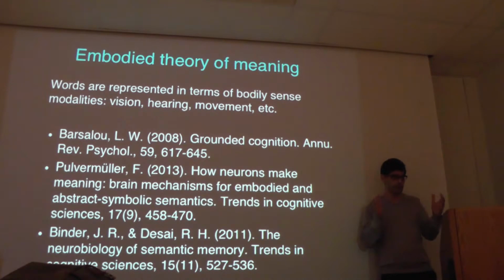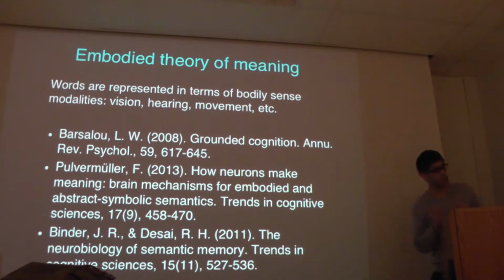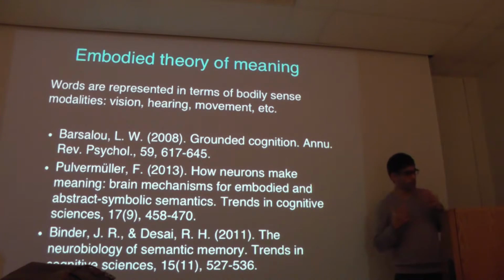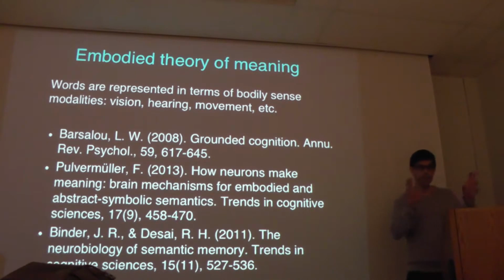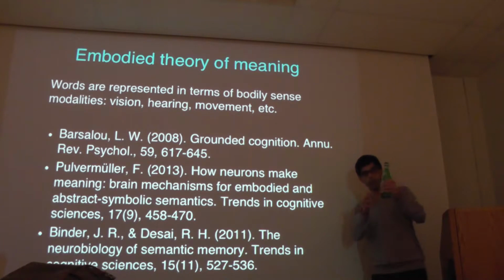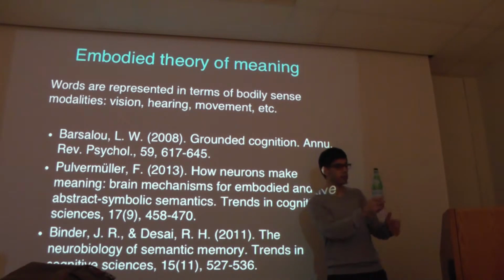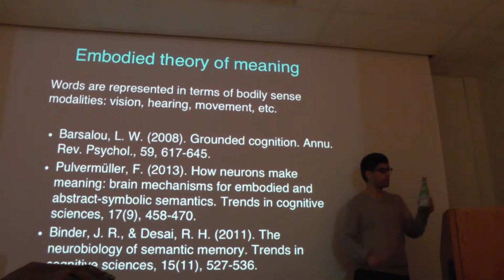Well, this theory says the way my brain represents bottle is not just that there's this abstract thing called bottle, which is a container that is thin at one end and has stuff in it. It's partly the fact that I pick the bottle up, and I hold it, and I look at it, and I can drink from it.